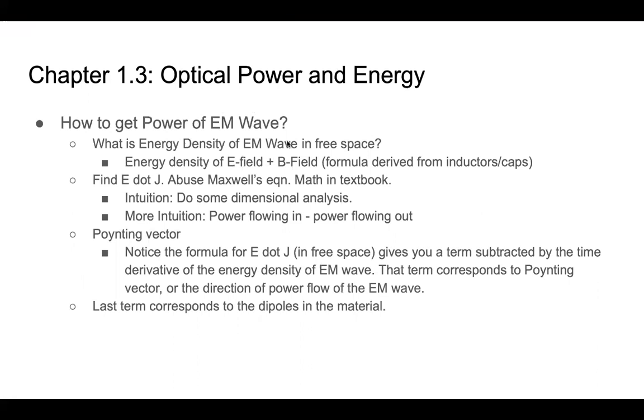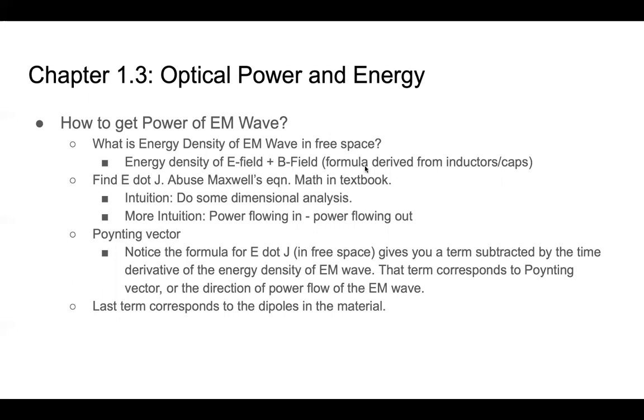How do we get the power of an electromagnetic wave? Anytime you see power or intensity in this class, for an EM wave in particular, you first consider energy density. It's the energy density of the E field plus the energy density of the magnetic field.